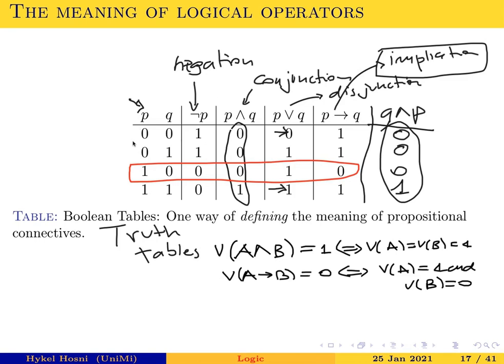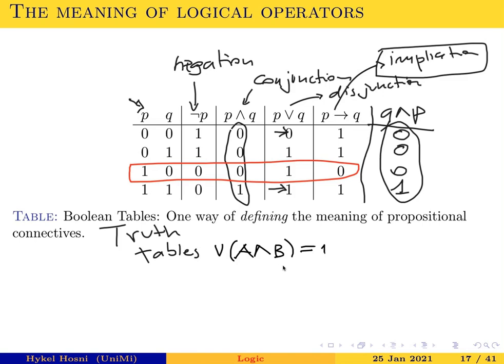The point about this definition is that if you take any statement that you can construct in this way, for instance, suppose it's something complicated like P and Q, or not Q implies P and Q. Of course, I'm just inventing it, okay?